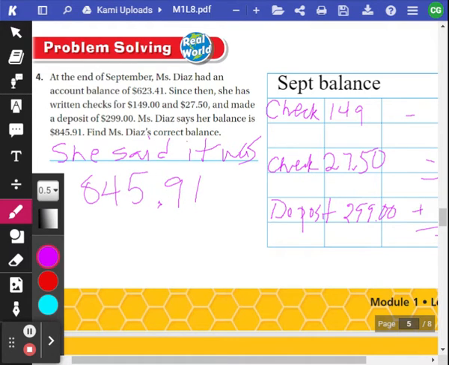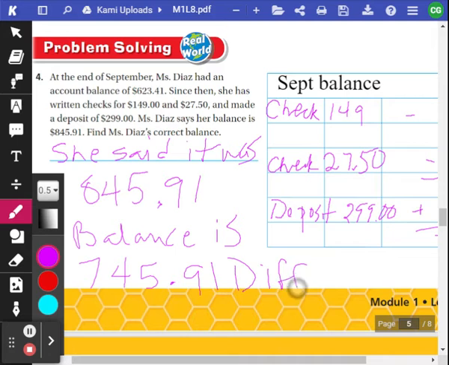However, the actual balance is $745.91. And she's off by how much? Very good. The difference is $100. Makes a huge difference. Oh my gosh. Don't make that problem in your checking account. 100 big ones. All righty.